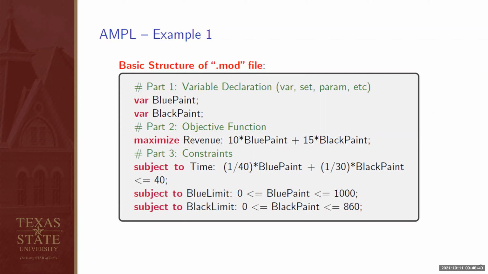Very simple. A couple of things to remember. You end each one of these declarations with a semicolon. And also when you define your names, you're gonna have to use these dots for the software to understand that this is the name of the constraint or the objective function.